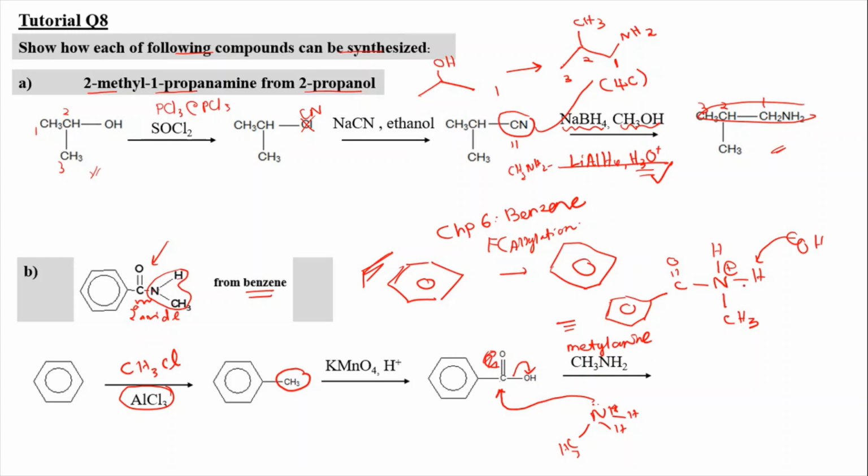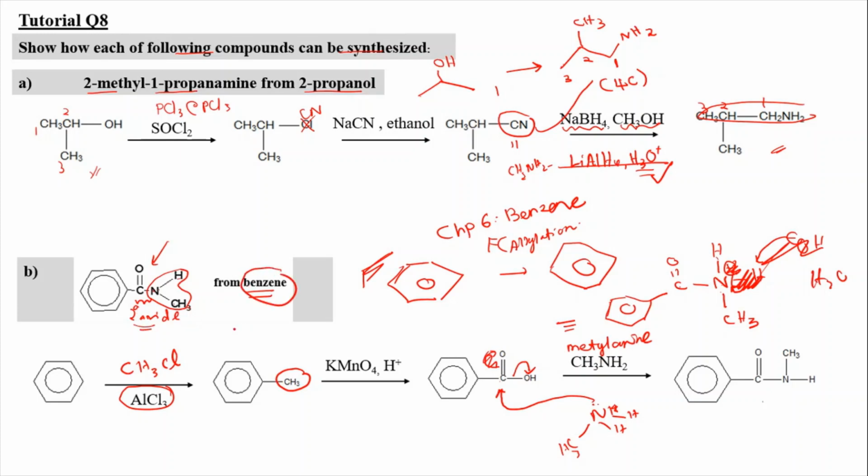So here it is going to break apart in order to form a byproduct of water as well as the amide of benzene, C double bond O and NHCH3, like this. So it's going to become a benzene ring attached with C double bond O, NCH3 and H. So this is how we're going to prepare this secondary amide from benzene.